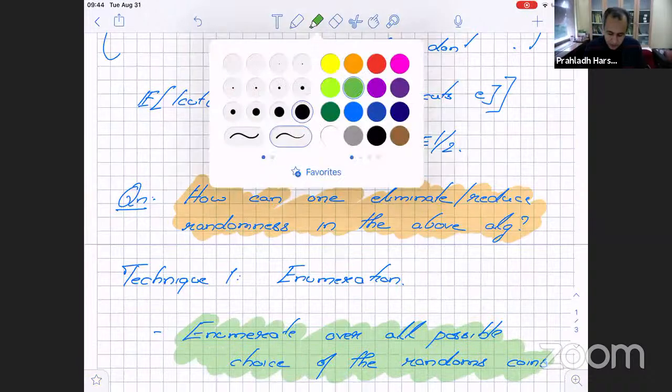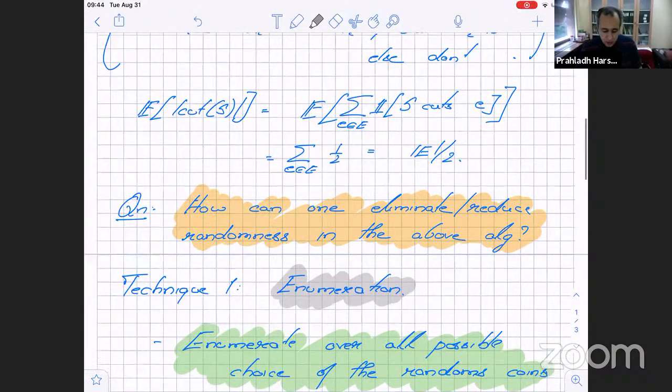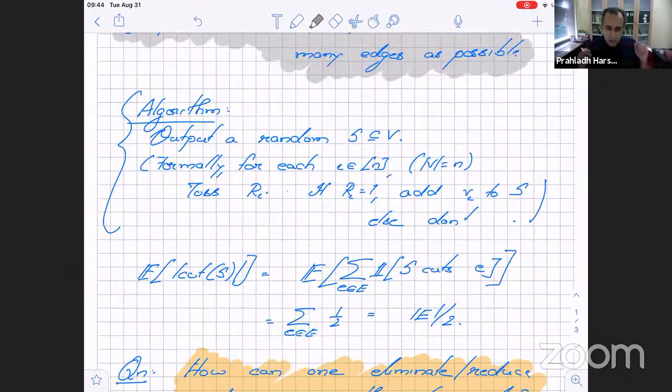So what would happen if I did this for the given problem? Is the thing clear? Previously I said toss a coin. Now instead of tossing a coin, you go over all possible settings of the coins. How many settings of the coins are there?